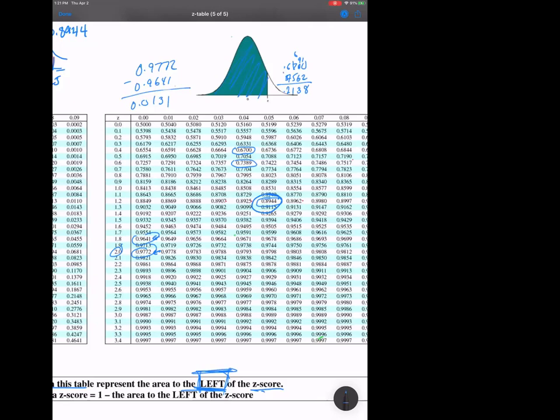The 0.9772 minus. Let me get my calculator. 0.9772 minus 0.9641, and that answer is 0.13. Oh, there it is right there. Oh, yeah.